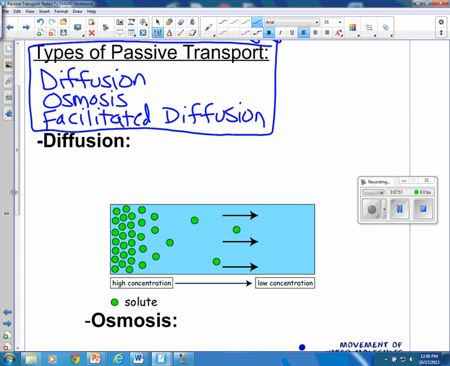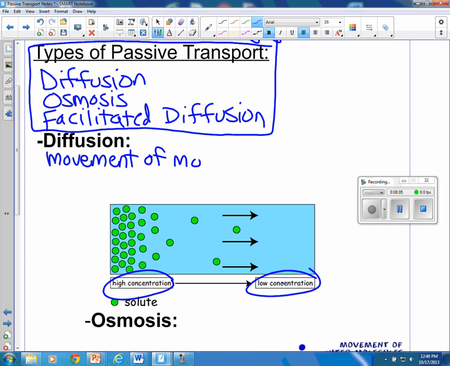Diffusion. Here you see molecules moving from high concentration to low concentration. They're naturally spreading out. This is what diffusion is: the movement of the molecules from high to low.